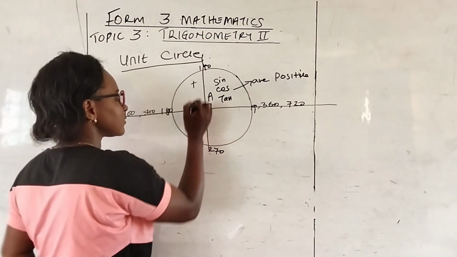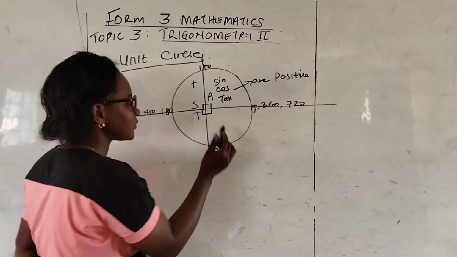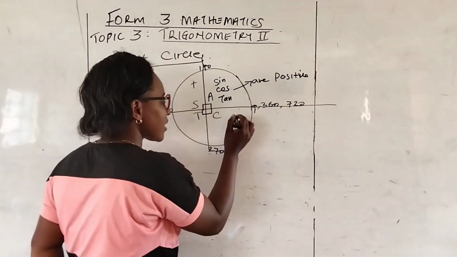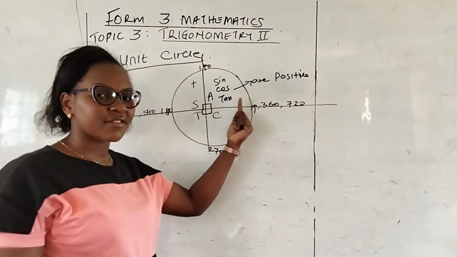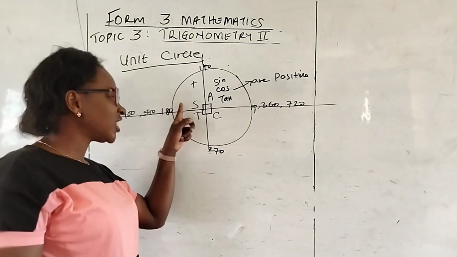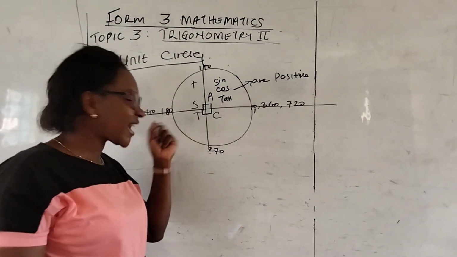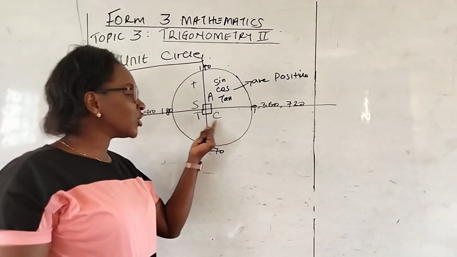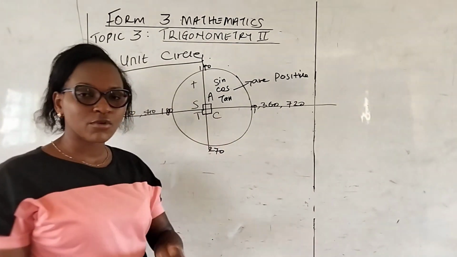In the third quadrant, tangent is positive. In the fourth quadrant, cosine is positive. All of them are positive in the first quadrant, only sine in the second, only tangent in the third, and only cosine in the fourth.